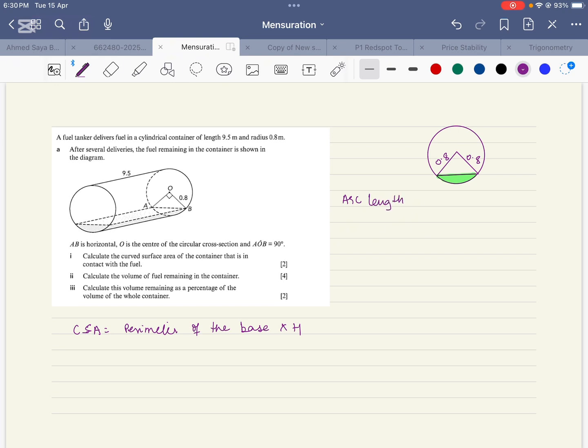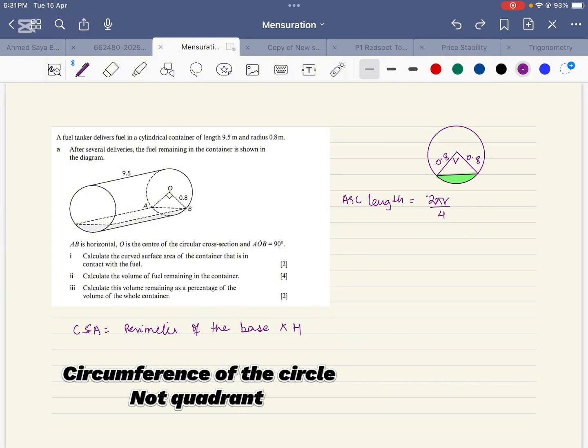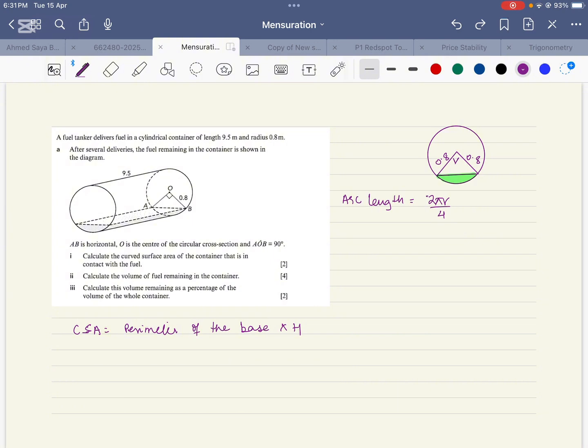Arc length is equal to 2 pi r divided by 4, because this is a 90-degree angle and this is the quadrant. So in a quadrant you can just divide the circumference by 4 and you get the arc length.